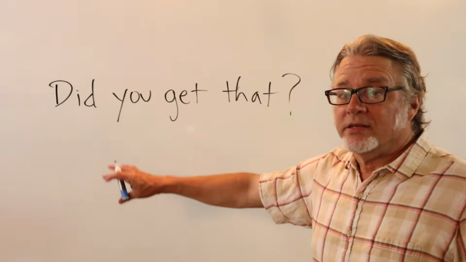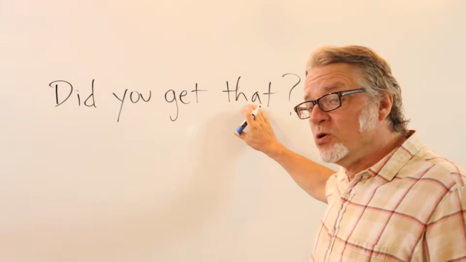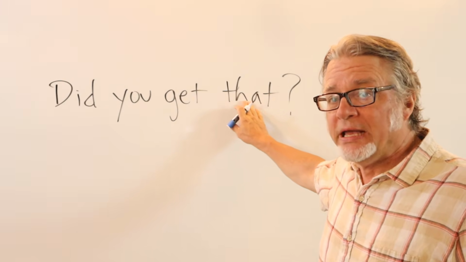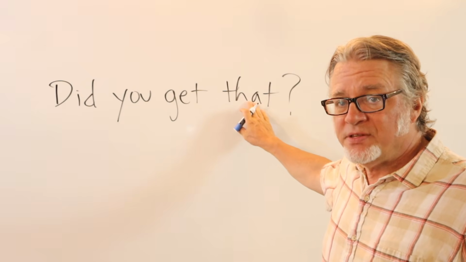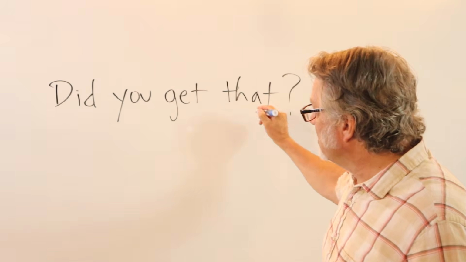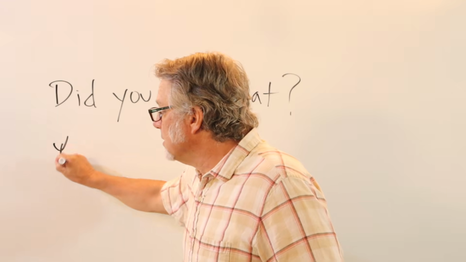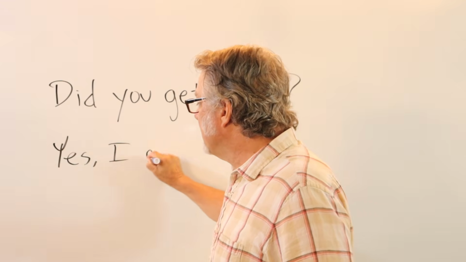In the past tense, use the helping verb did. Did you get, and then you could use this pronoun. Did you get that? Because this is in the past tense, it's distant from the situation. But you could just say it. And then the answer, yes, I got it.